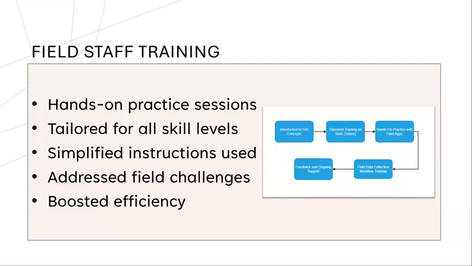One of the things we did was go out and train our field staff. We had hands-on practice sessions. We had to tailor our workflows from guys who grew up with technology to the older staff who have a hard time using a flip phone. So we had to go through introductory GIS concepts and the on-premise practice with Field Maps and Survey123.